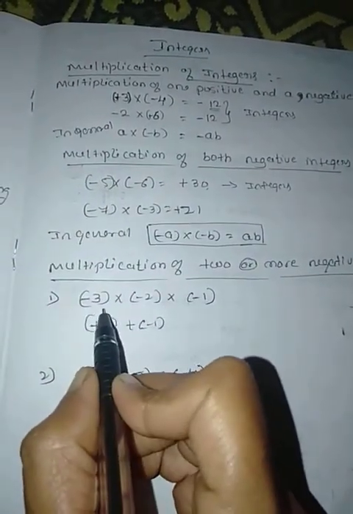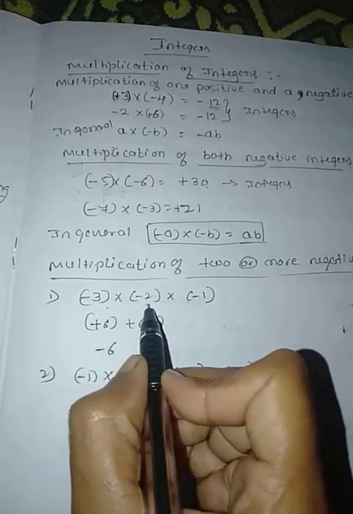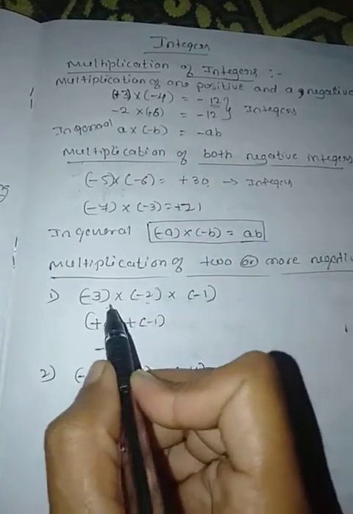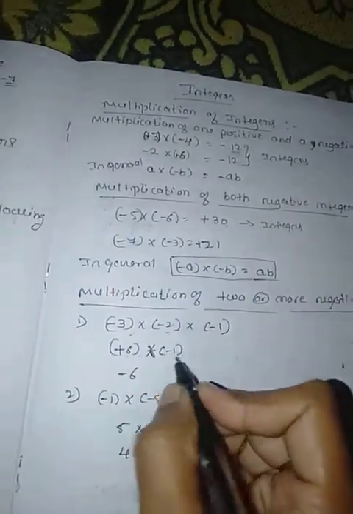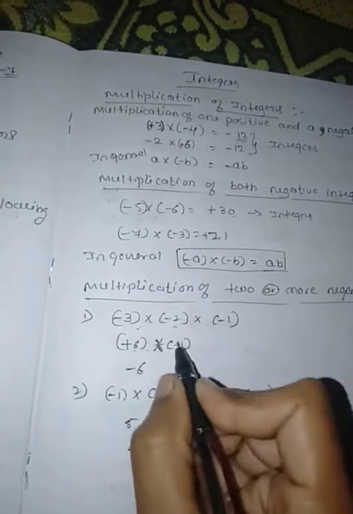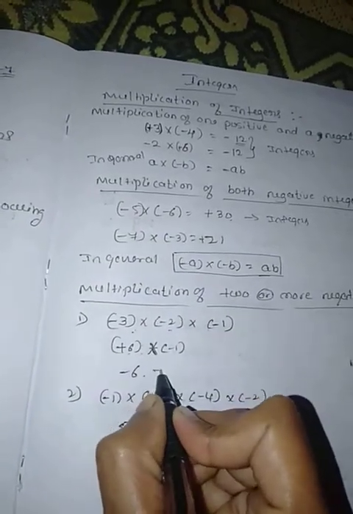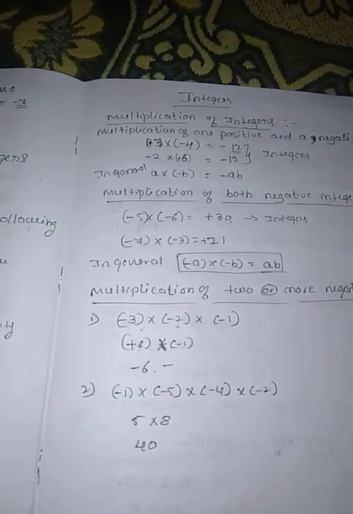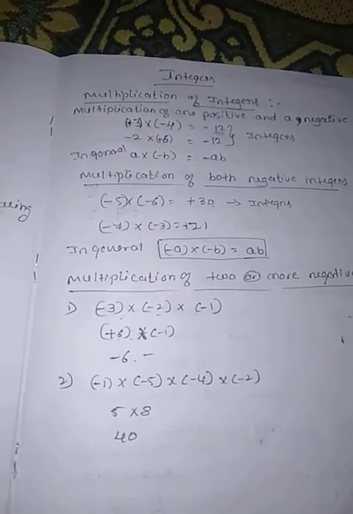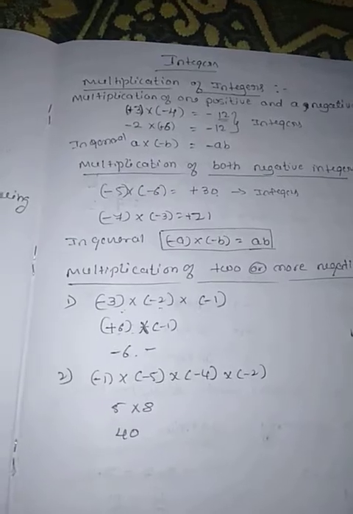First we multiply minus 3 into minus 2. Minus into minus is plus, 3 into 2 is 6. Then into minus 1, plus into minus is minus, 6 into 1 is 6. This is a negative integer. So when we multiply an odd number of negative integers, the product is a negative integer.